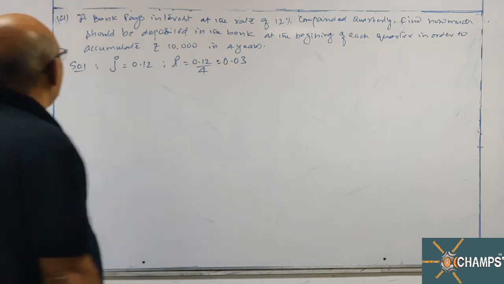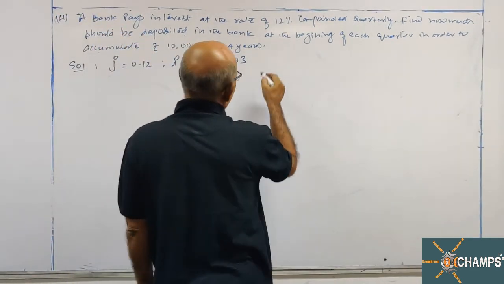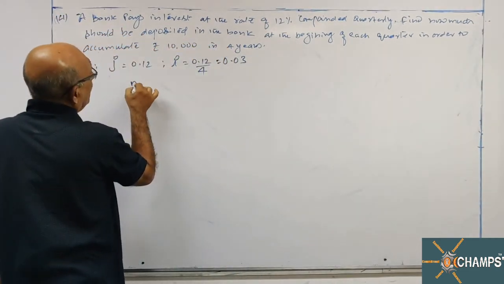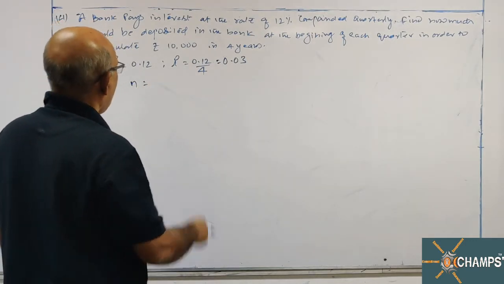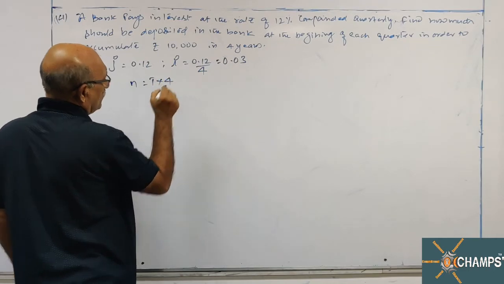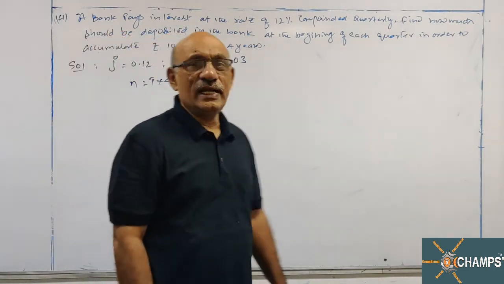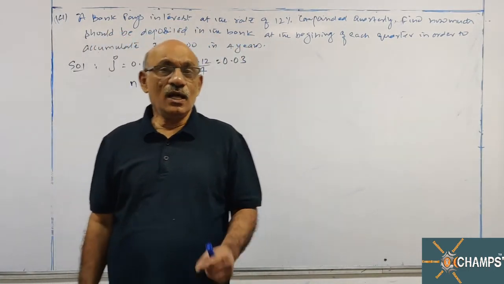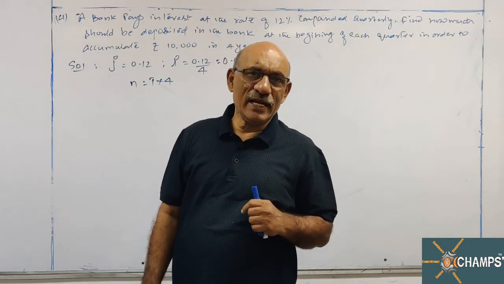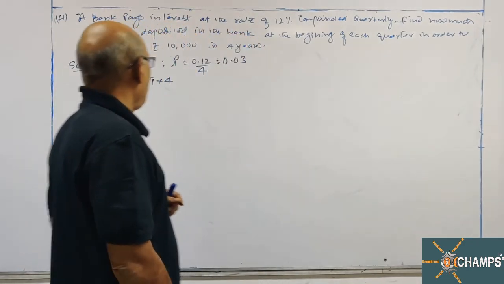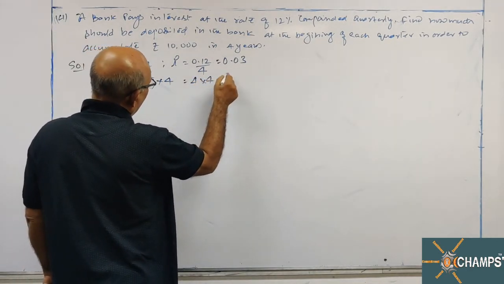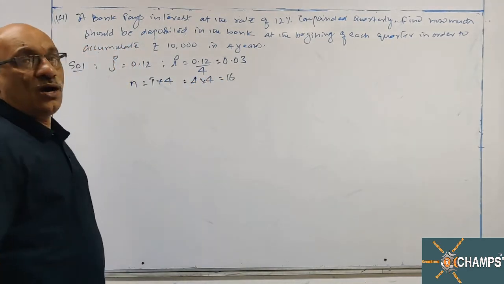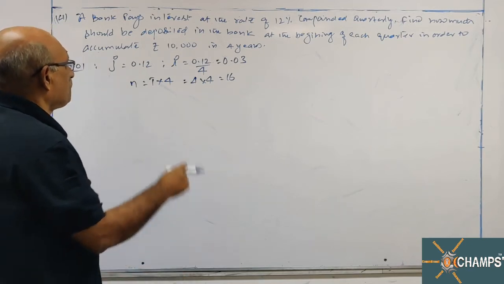Now, how many times will the bank give interest? N is equal to T into 4. In 1 year, the bank is calculating interest 4 times. Therefore, in 4 years, 4 into 4, this is 16.